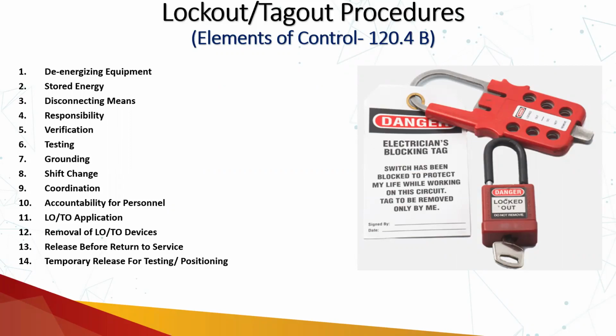If there is a shift change, how we have to shift the responsibility of the lockout and tagout procedure from one shift in charge to another shift in charge. Coordination requirement, accountability for personal lockout and tagout application, removal of the lockout and tagout devices, release before return to service, and temporary release for testing and positioning.